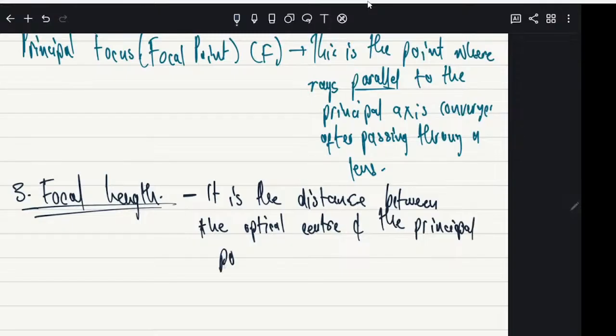Principal focus is a point. Principal focus is where all the rays are being made to go. Then focal length is from there, the principal focus, to the optical center. All together.